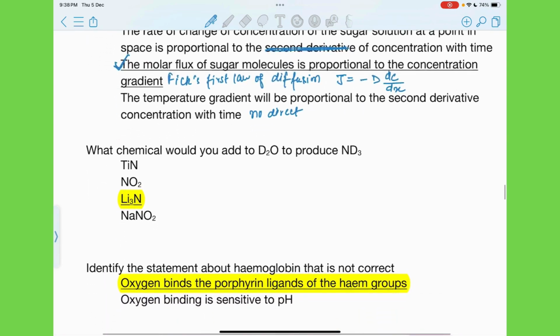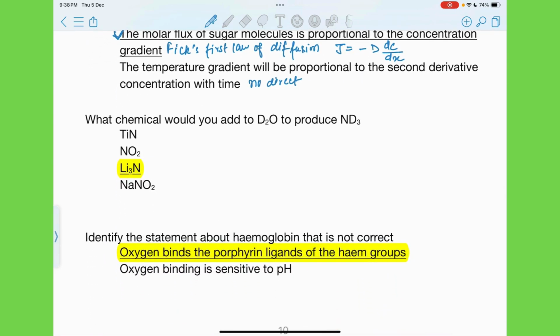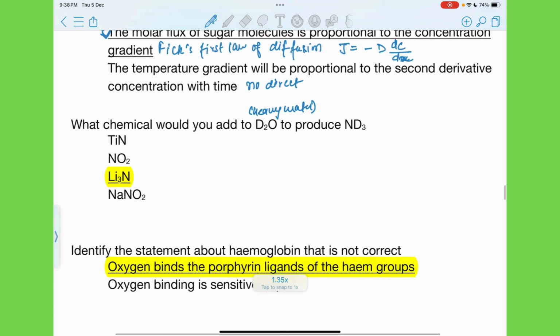Next question says, what chemical would you add to D2O to produce ND3? So this D2O is your heavy water and ND3 is deuterated ammonia. It's a very famous reaction. You can even find it in the NCERT.